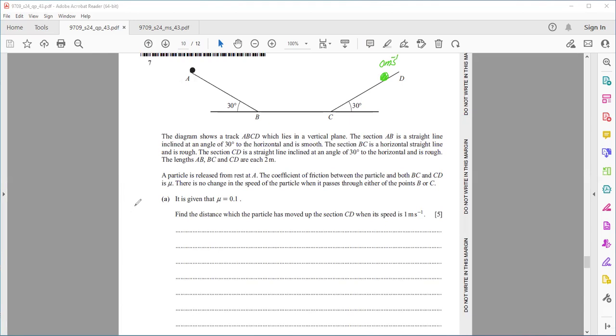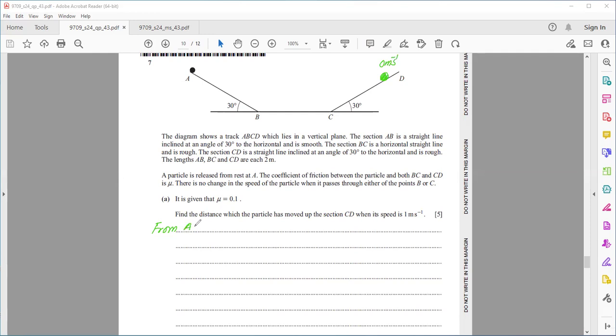From A to B, because there is no friction, there will be no change. But the second and third sections are not smooth; they are rough.